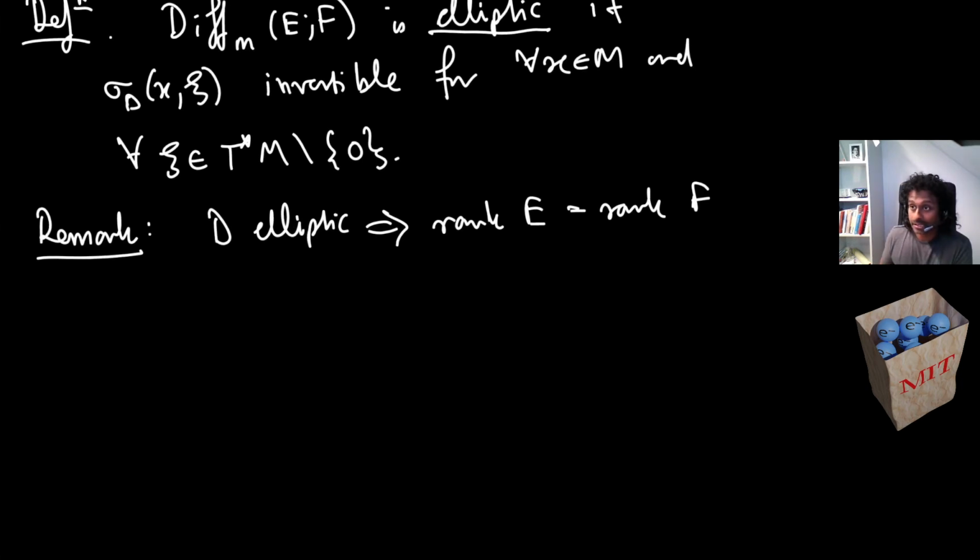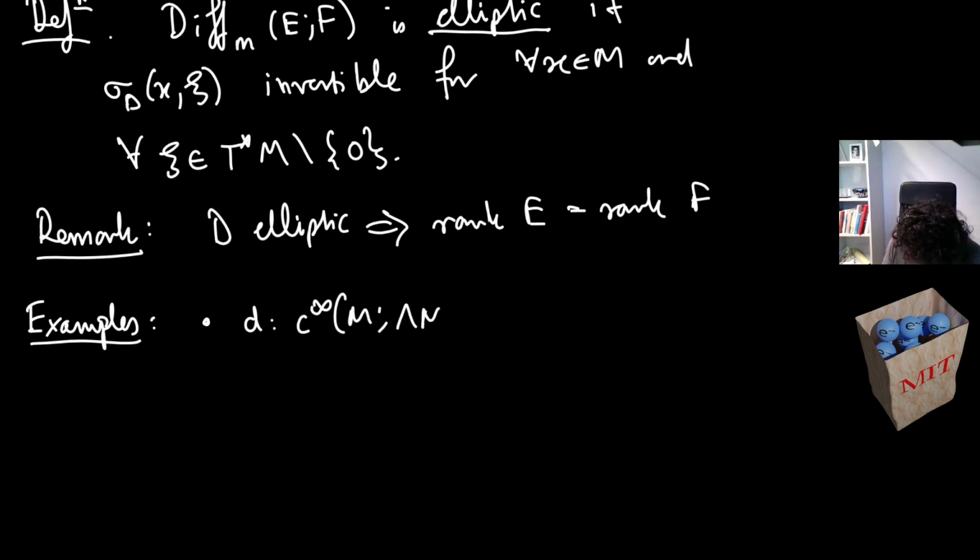So some examples. The exterior derivative. This is a very basic map. These are really non-examples actually, because none of these examples are going to be elliptic.